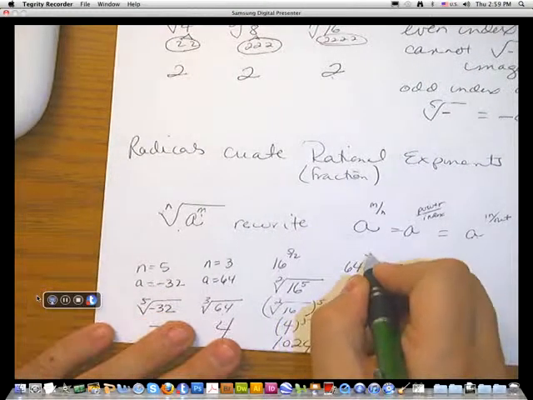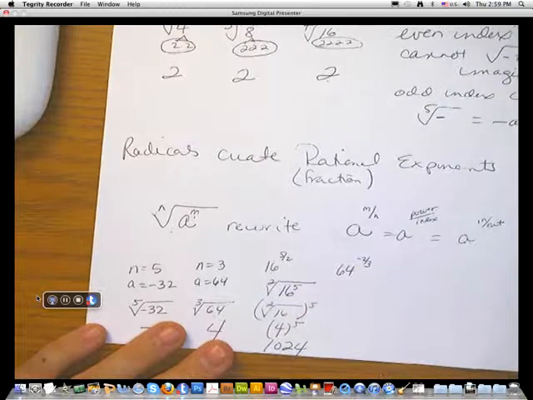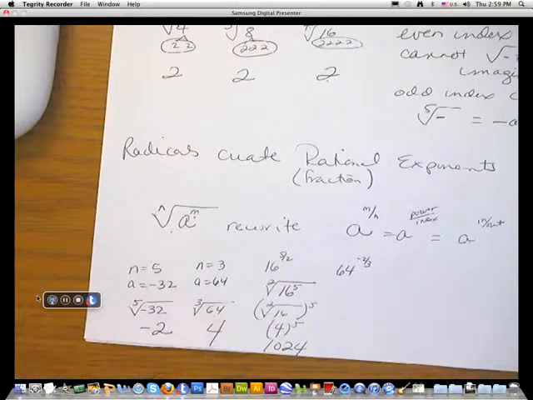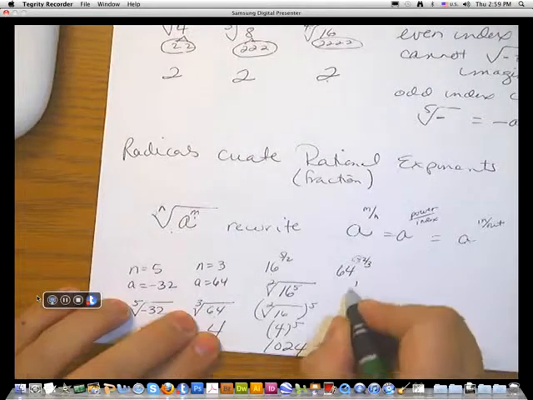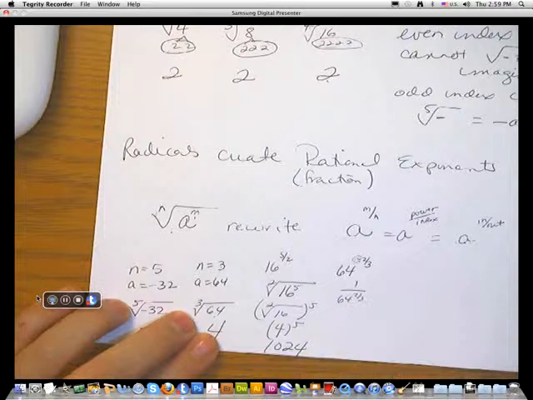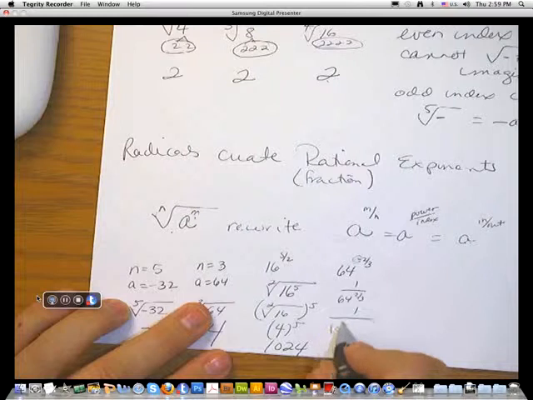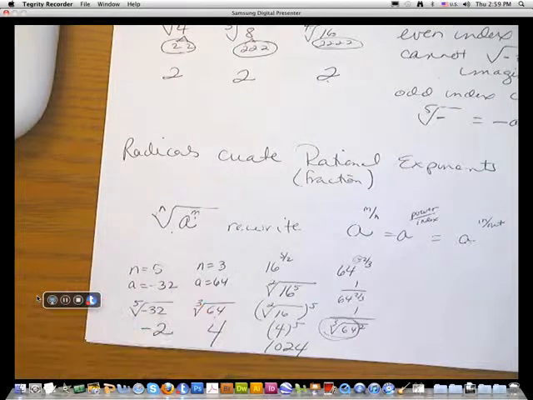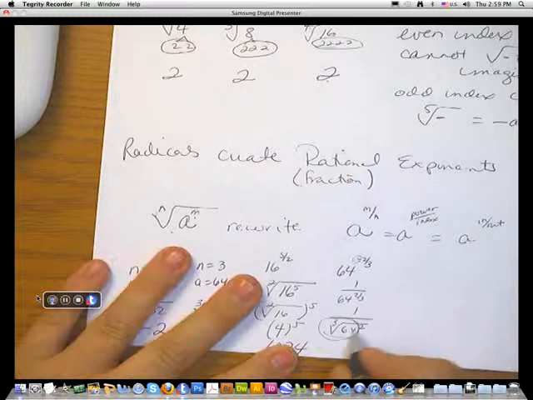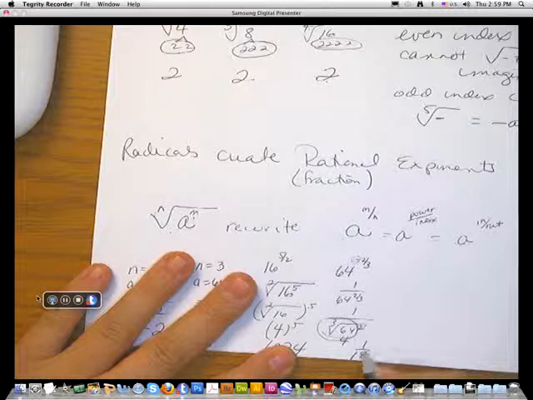So if I have 64 to the negative 2/3, now be careful with this. This goes to our rules of chapter 6. If I have a negative exponent, it means it crosses the line and changes the sign. Now I get to transform that into the cube root of 64 squared, which is the cube root of 64, which is 4, and 4 squared is 16, not 8, 16.